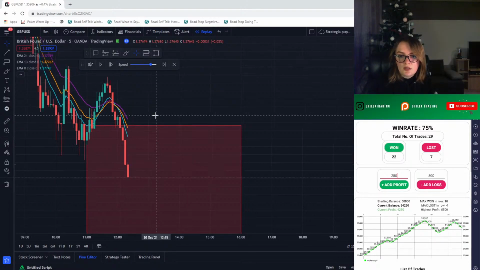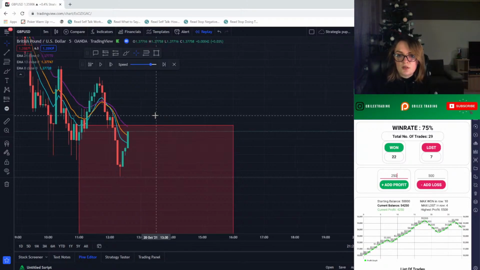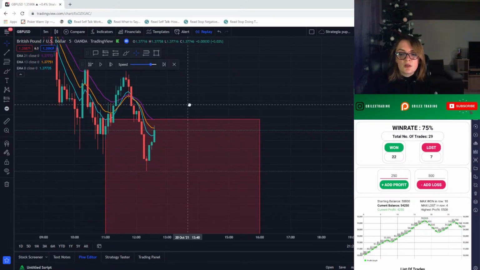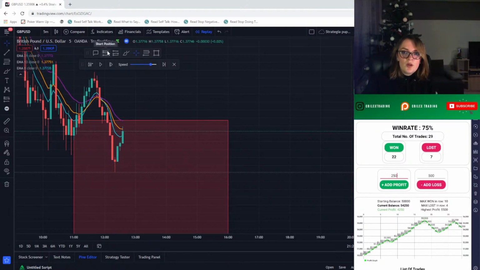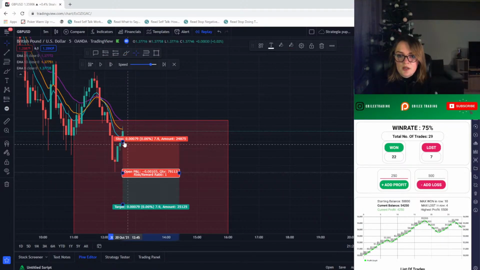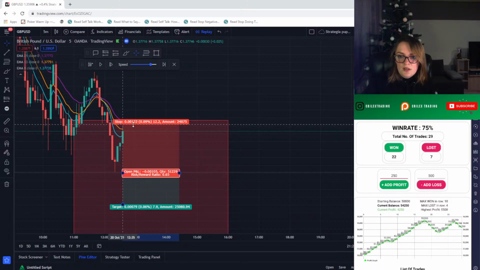So I will not take this position even if it's a good one. We want to be as realistic as possible with our backtesting, because we don't just want to get great numbers in backtesting and then fail in the real market.